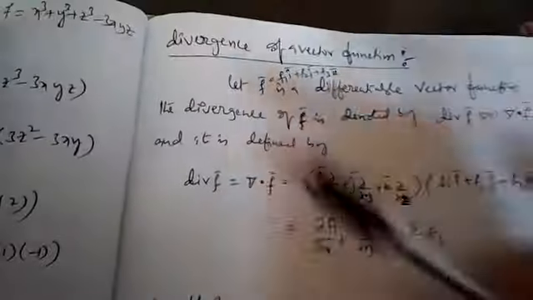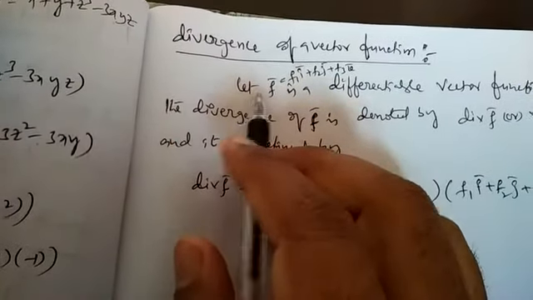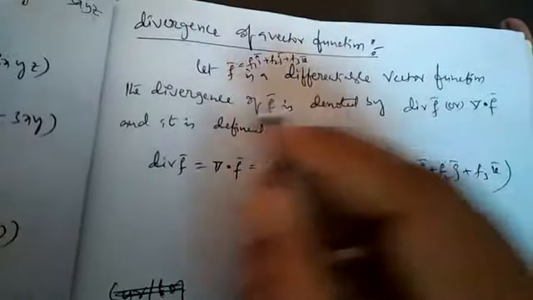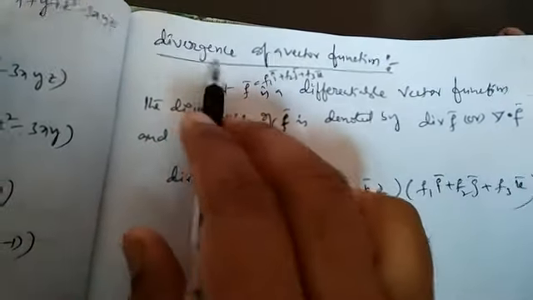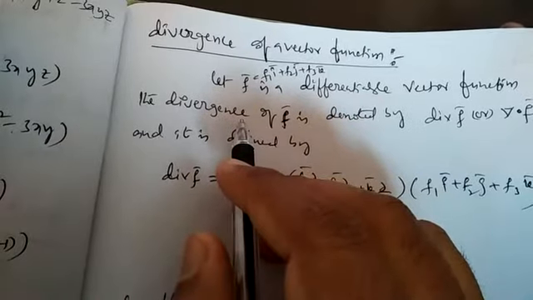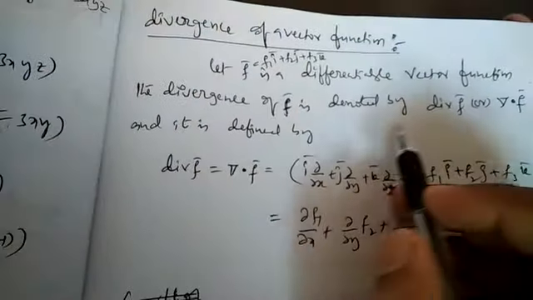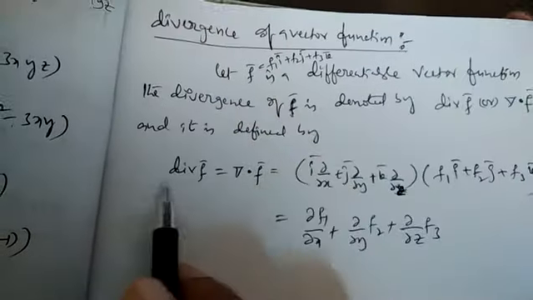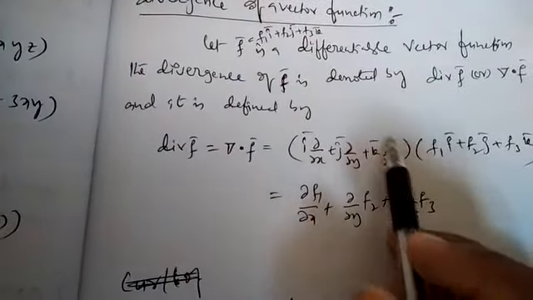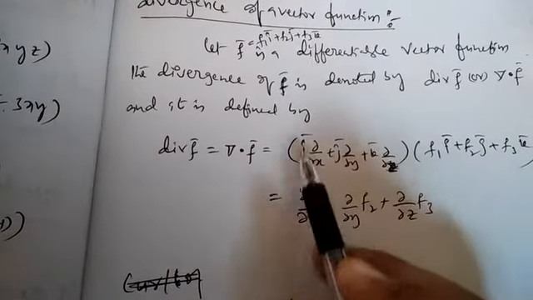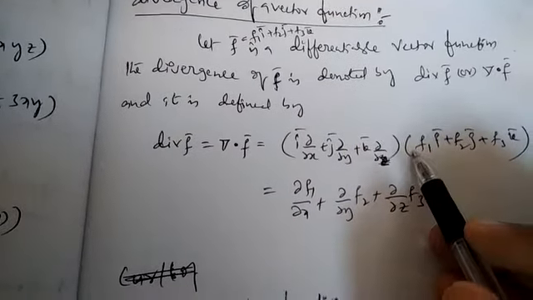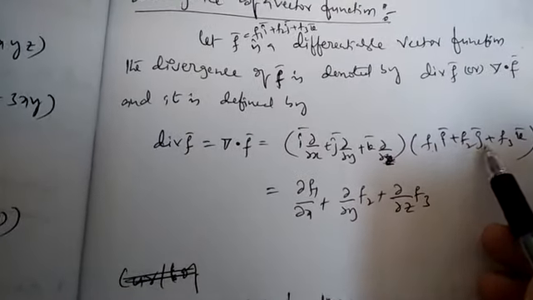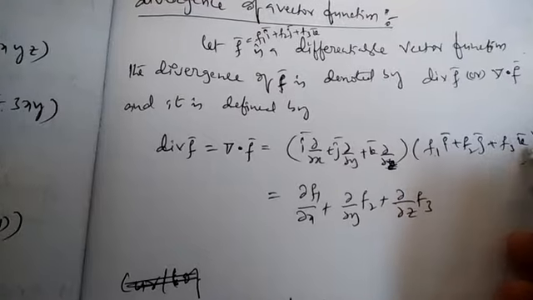Now let f equal to f1i plus f2j plus f3k be a differentiable vector function. Then the divergence of f bar is denoted by div f or del dot f, both are the same. Now del is i dou by dou x plus j dou by dou y plus k dou by dou z. Now we have the component along the x axis f1i, along the y axis f2j, and along the z axis f3k.